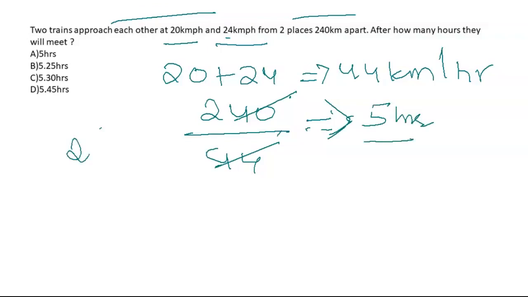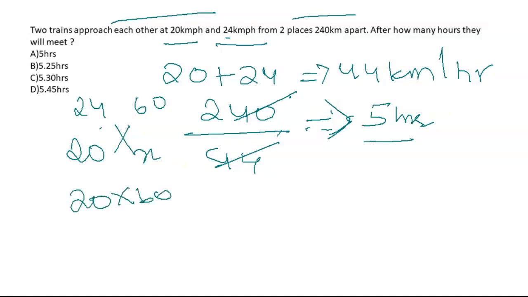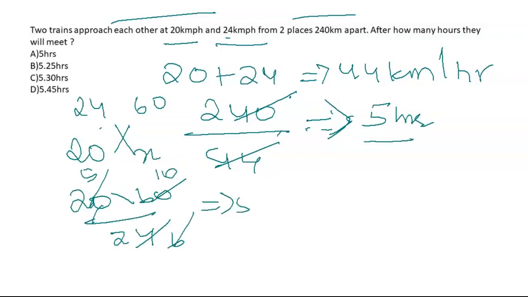So the remaining 20 kilometers, they travel at 24 kilometers per hour. 24 kilometers for 60 minutes. So how long to go 20 kilometers? 20 into 60 by 24. So the answer is 50 minutes. So 5 hours and 50 minutes now. Okay.